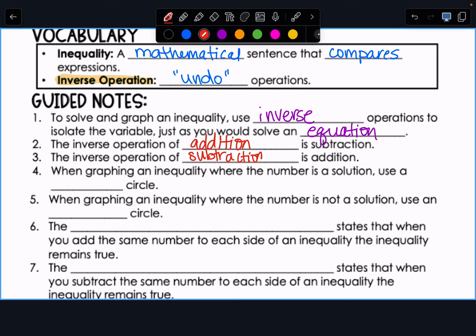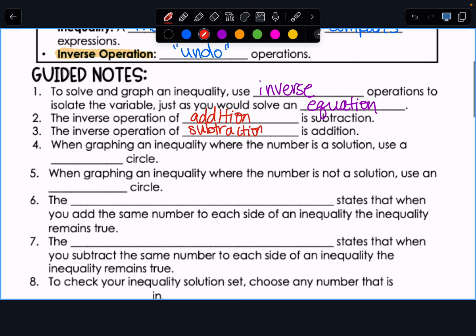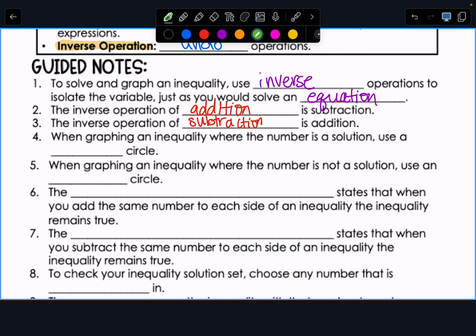Now, let's remember our open circle and closed circle because we also are going to have to graph these, okay? If our number is a solution, is it going to be open or closed?